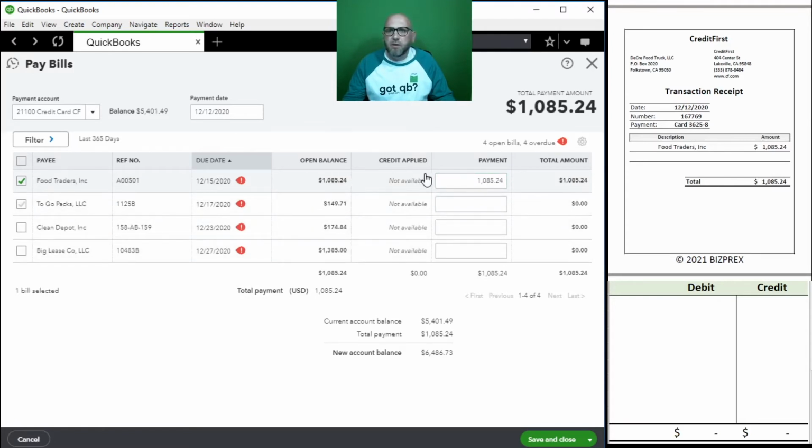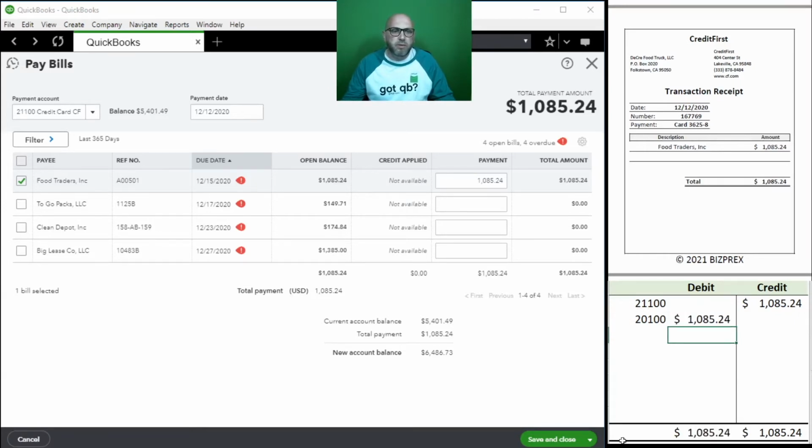Here it is. Okay, so what's going on in terms of debits and credits? We know that we're going to pay it with our credit card. So the amount we owe, the balance on that credit card, will go up. So we know that much. What else do we know? Well, we're going to be paying down our accounts payable, and accounts payable is a liability. So when it is reduced, it has to be debited.